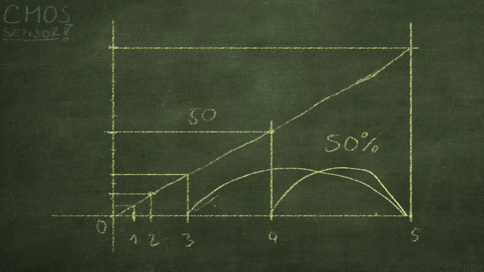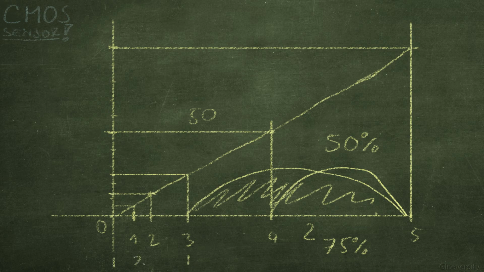This area here is only 2 stops, but it takes 75% of the whole data storage, and 25% is left for only these 3 stops. Of course we could divide this more and more, but you see it already becomes so small that it is nearly nothing.